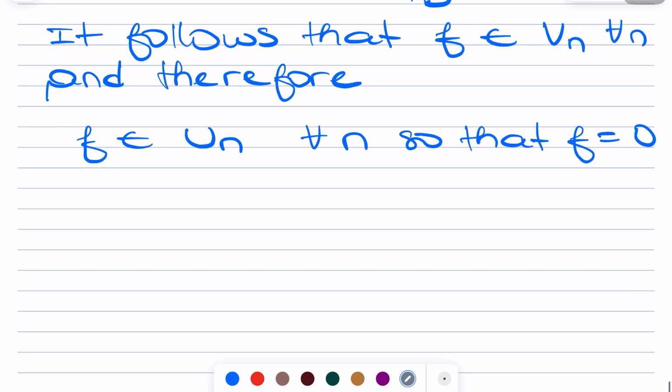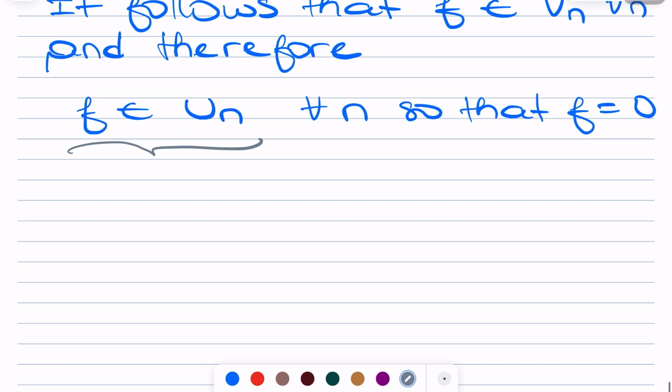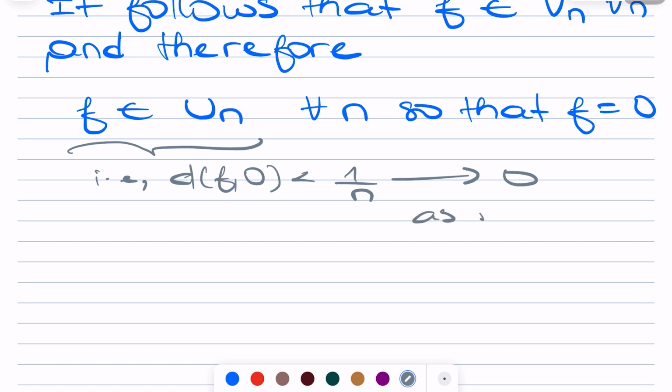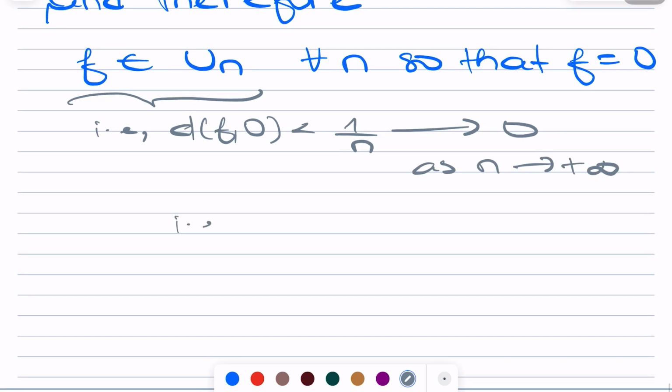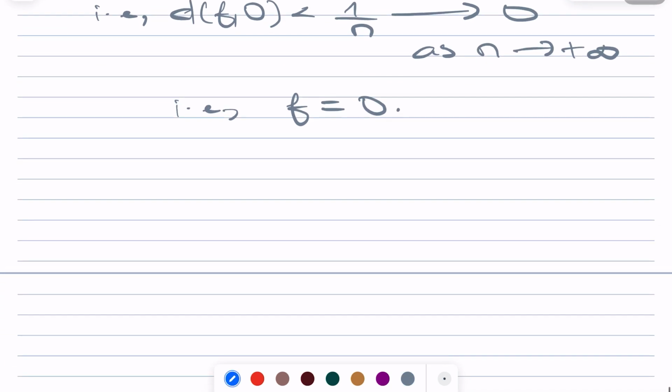In fact, just for your recall, f in Un means that the distance of f to 0, the zero bounded linear operator, is less than 1 over n. So if you let n go to infinity, then this goes to 0 as n goes to plus infinity. So this means f is 0, you know, the property of a metric. Good. So hence, from that we can conclude that the span of G is dense in E.